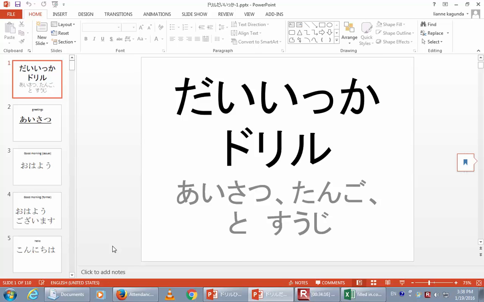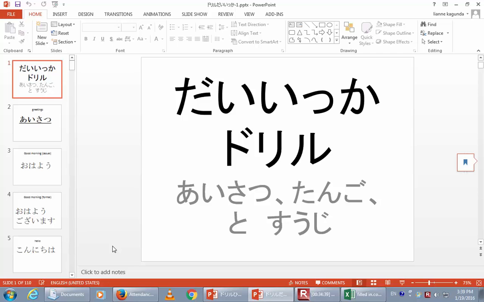Ano means yes, it's a vocabulary word. Ee means yes. It's also a vocabulary word. Hai also means yes. Two different words for yes that are very commonly used.